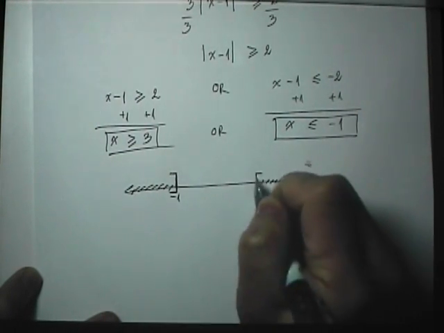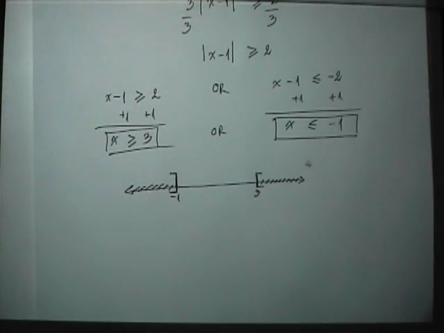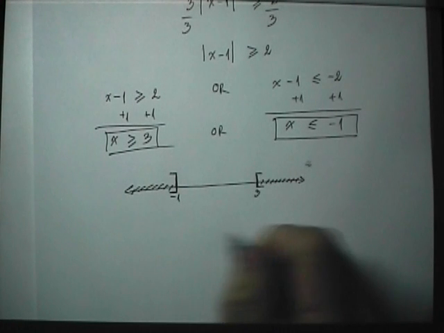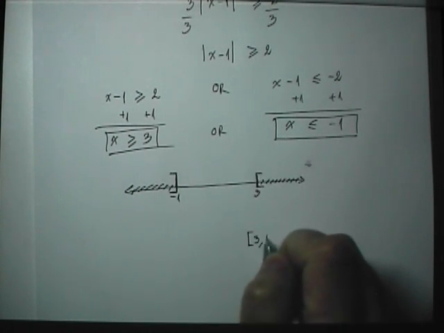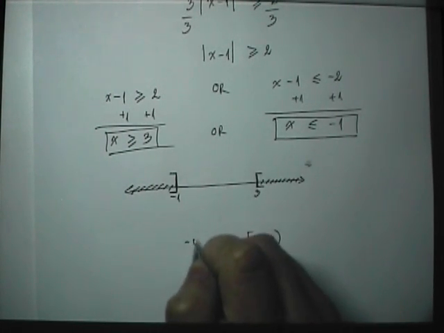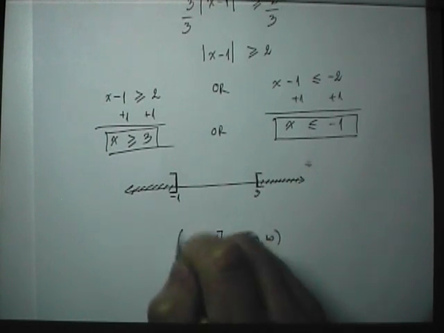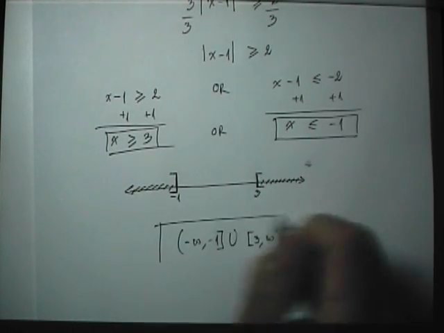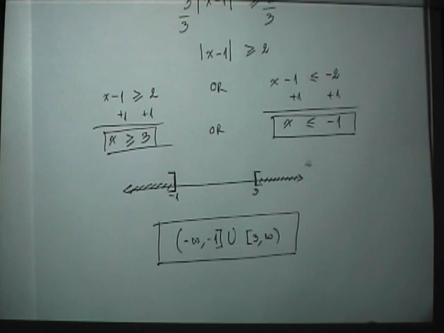So I'm using brackets on the 2 answers here. And so that's how I can graph it. And the interval here is going to be 3 comma positive infinity, and negative infinity comma negative 1. That's how we get it done for example number 7.